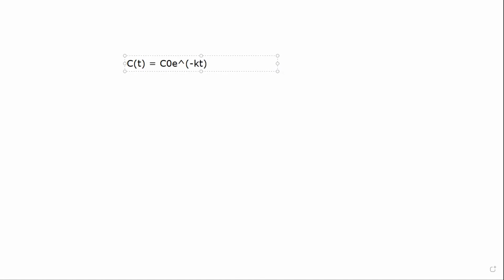Now, here's the problem. We don't know how much was initially in your bloodstream. We know what the size of the dosage was, right? But here's what we know. We know the concentration at 2 times.